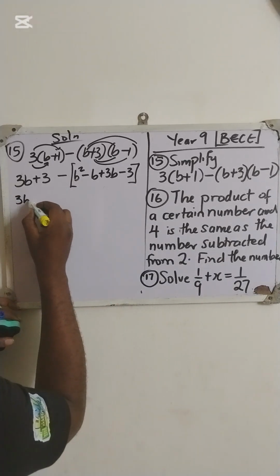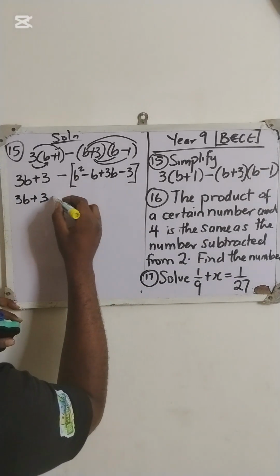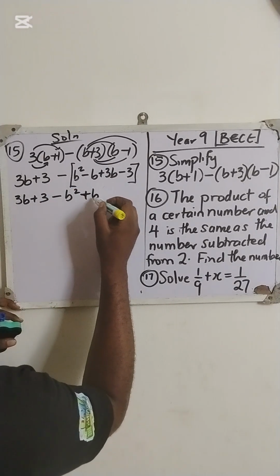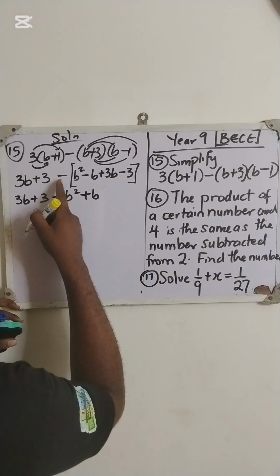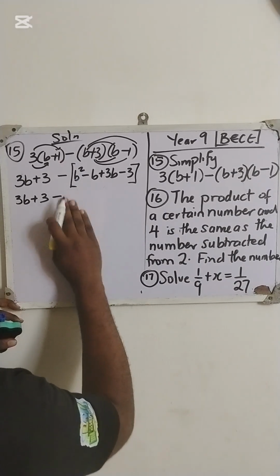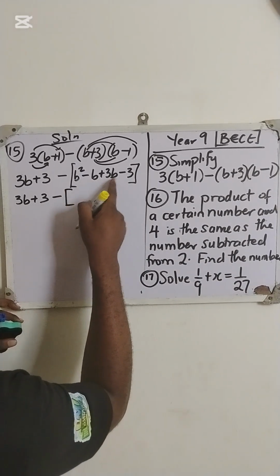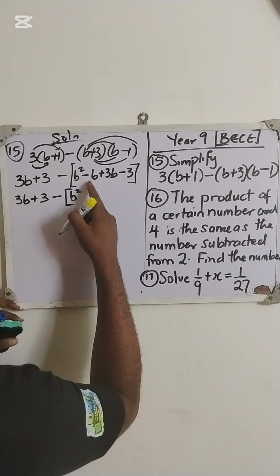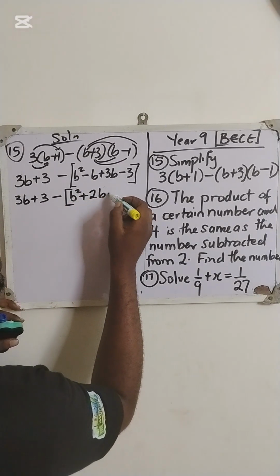So let's rewrite 3b. Now we're opening the bracket, b squared minus times minus plus b. Let's fuse this. So we have b squared. You owe 1, you have 3. Pay your 1, you still have 2.